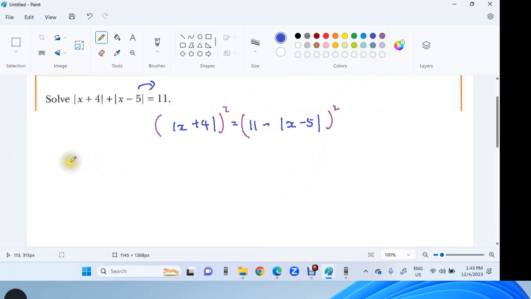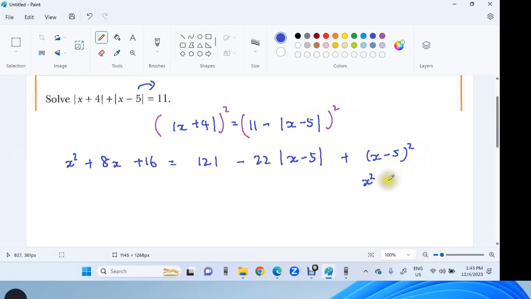Then I have x squared plus 8x plus 16 equal to 121 minus 22 modulus x minus 5, plus this is x minus 5 squared. So x minus 5 squared is actually x squared minus 10x plus 25.